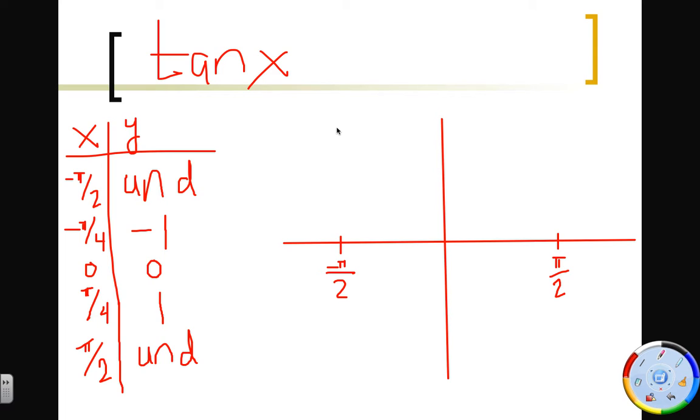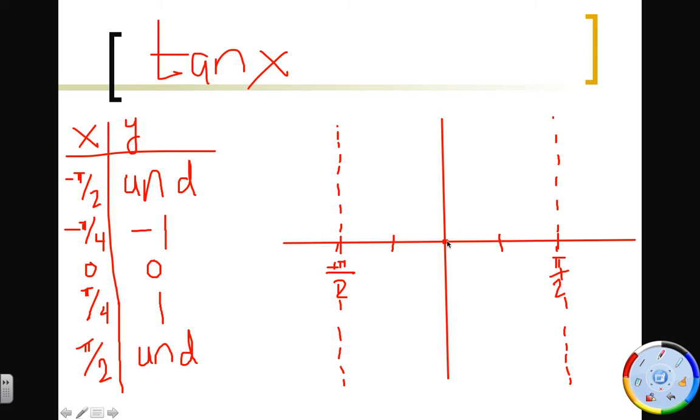I'm going to create asymptotes at negative pi halves and positive pi halves. Then I'm going to put a little dash in here for pi fourths, and one for negative pi fourths, and then plot the other dots that I know.